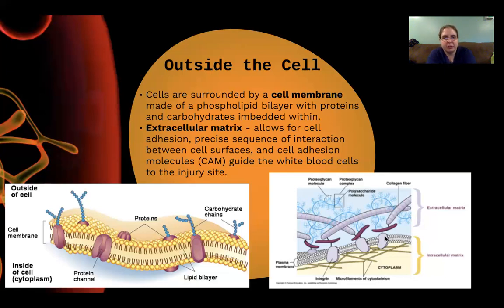It also allows a precise sequence of interaction between cell surfaces. So what that means is that they also interact with each other. They don't just hold each other, they interact. So they can pass messages along.